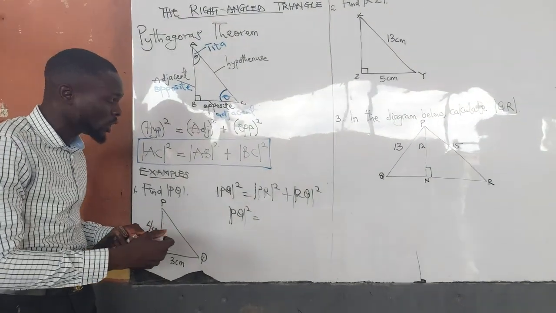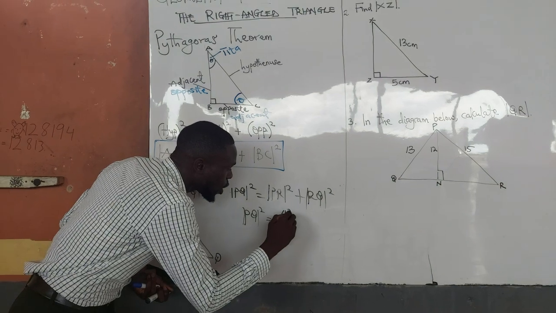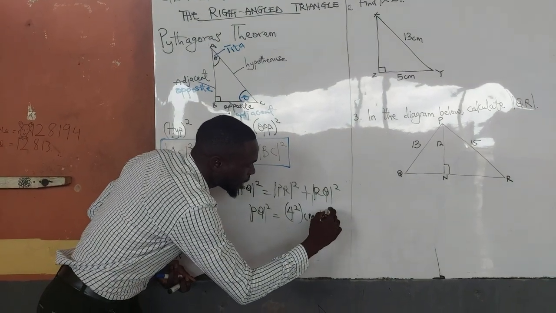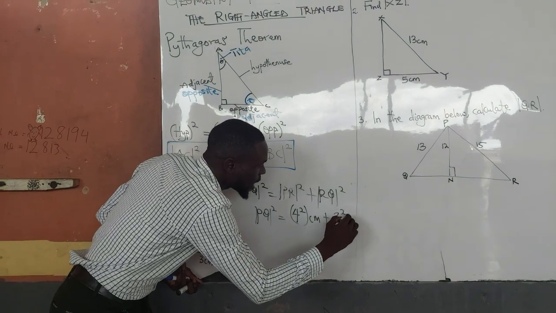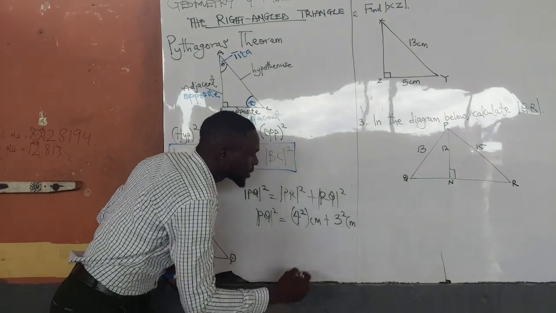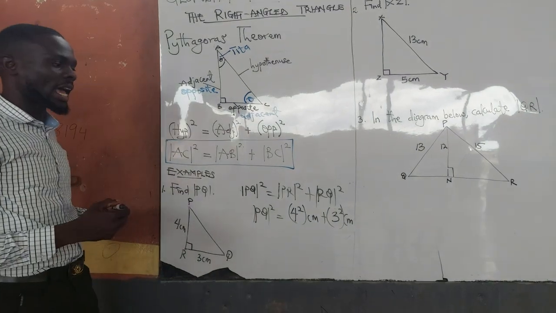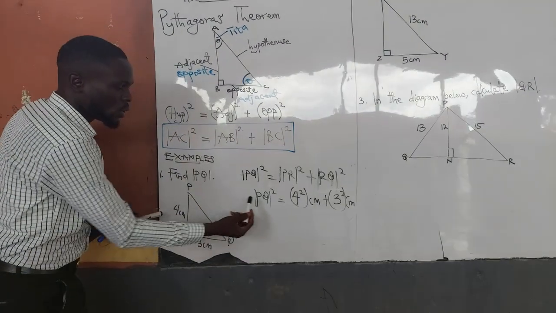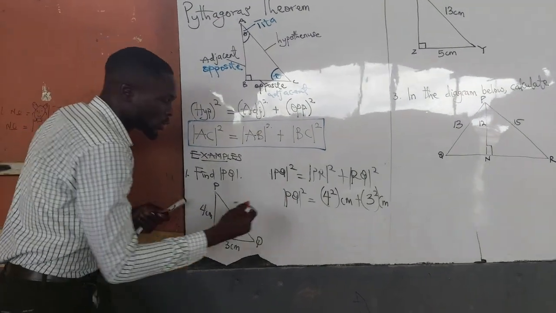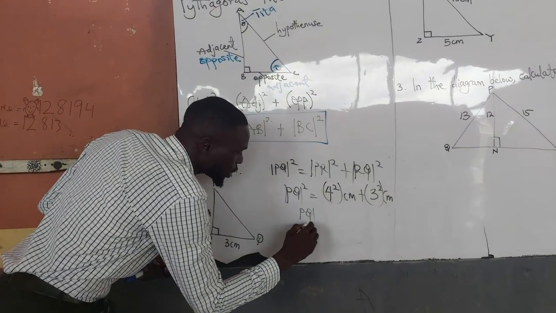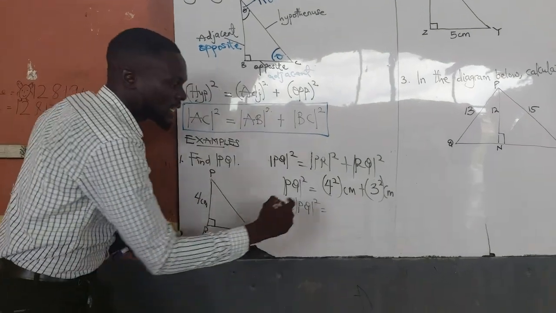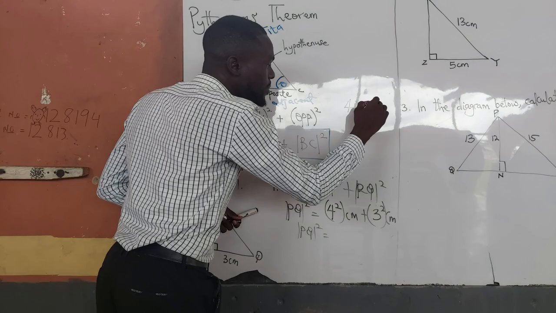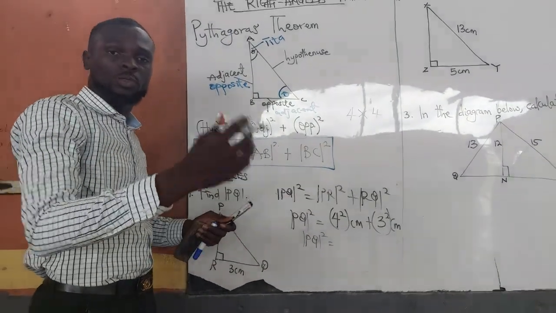So we can just write it at our level. Since we are not going to be penalized, we can say 4 squared centimeters plus 3 squared centimeters, like this. You can just take it like this. Good. So now from here, we saw 4 squared. So this is going to give you PQ squared is equal to the square of 4. 4 squared simply means 4 multiplying itself 2 times.